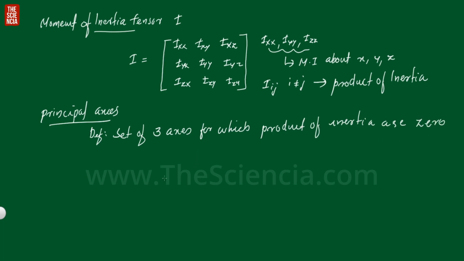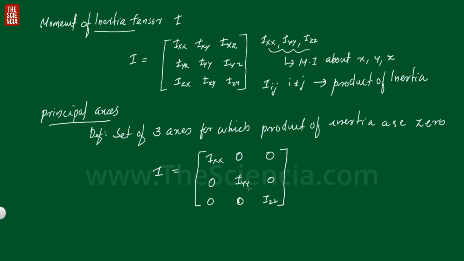So what does this mean? Suppose the moment of inertia tensor looks like this: Ixx is there, Ixy is 0, Ixz is 0, Iyy is there, the rest are 0, and Izz.